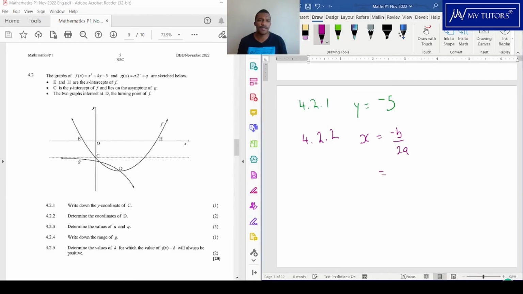So we can tell from the graph, the b value is -4, divided by 2, and the a value is 1. So put that in a calculator. It's just 4 divided by 2, which is just 2.